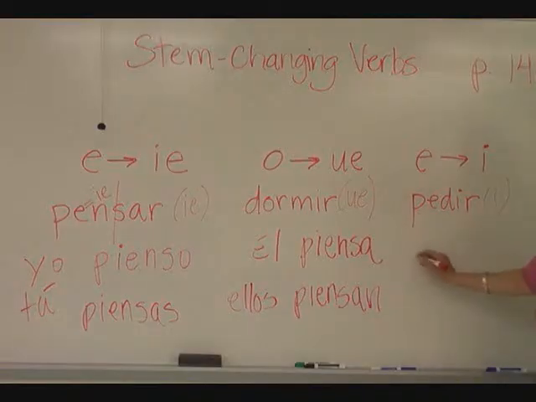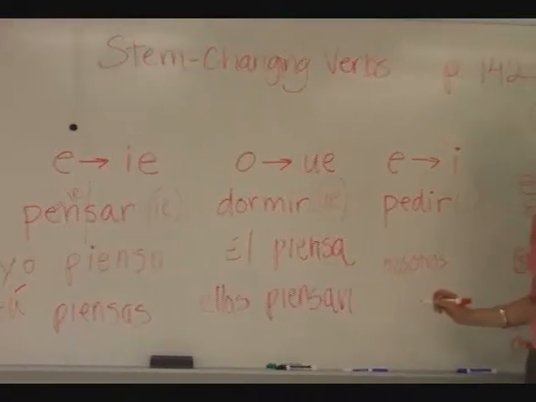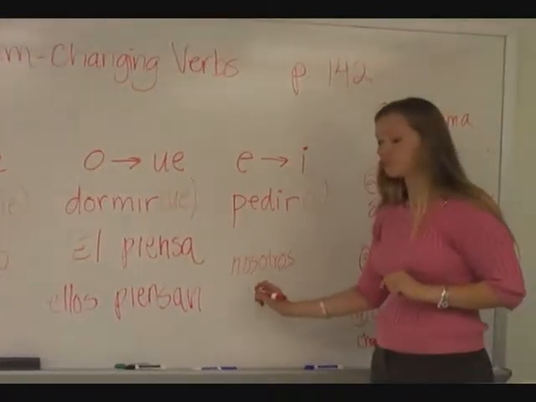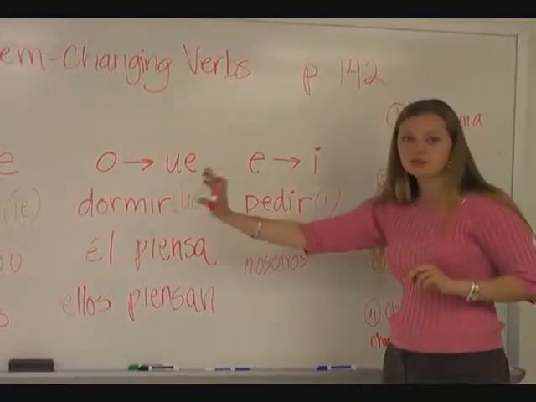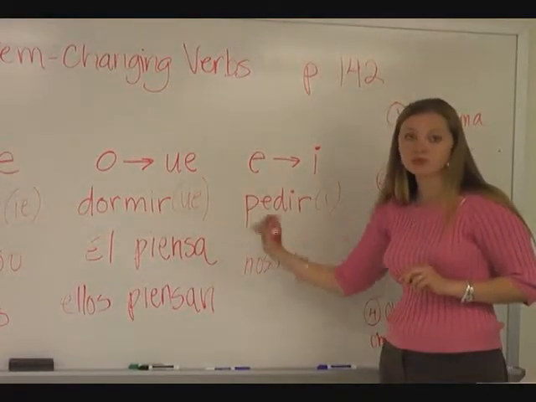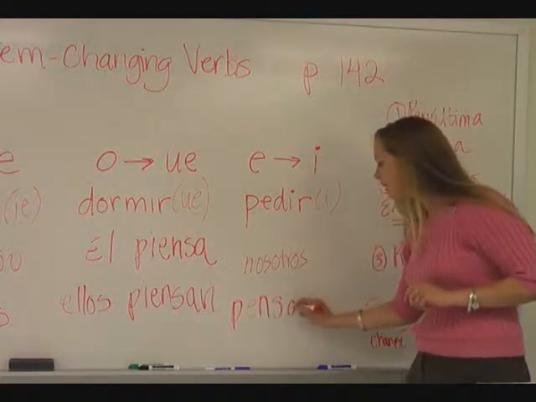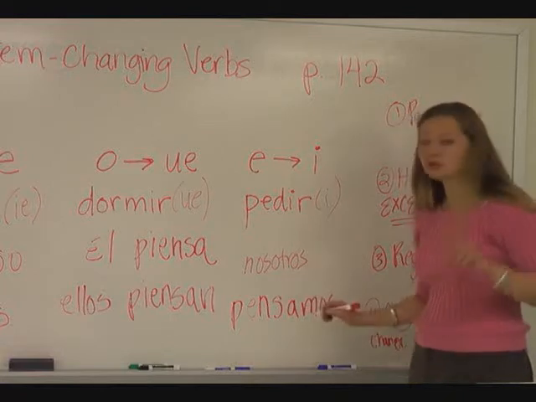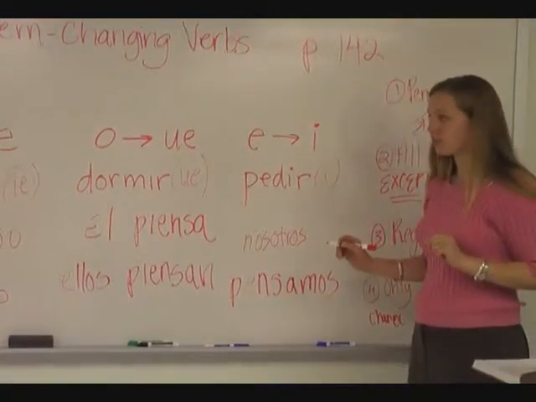And lastly, nosotros. Nunca se cambia el raíz en la forma nosotros. We do not change the stem in the nosotros form. So it follows the regular conjugation rules that we've had thus far. Nosotros pensamos means we think.